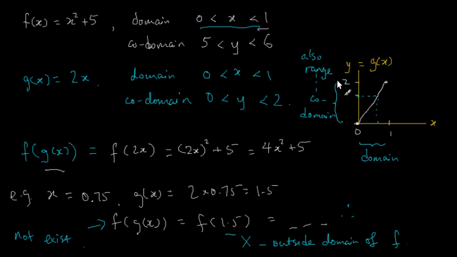Some parts of the range of the function g actually lie outside of the domain for f. So what this means is that we need the range of g to be completely inside the domain of f if we want a composite fg to exist.